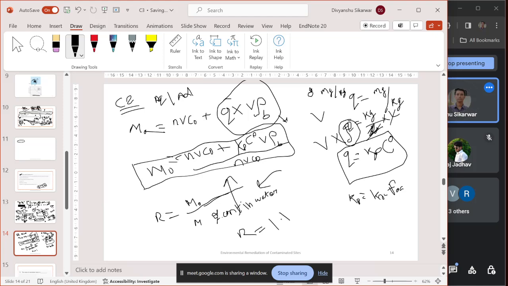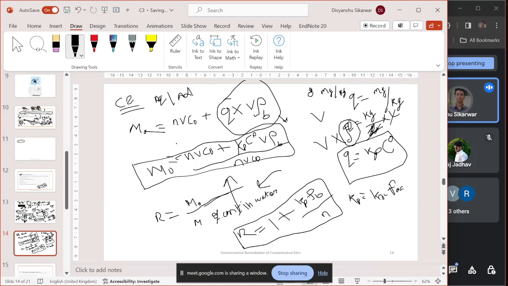So the R value will be 1 plus Kp divided by velocity. This is the R formula for case 2.